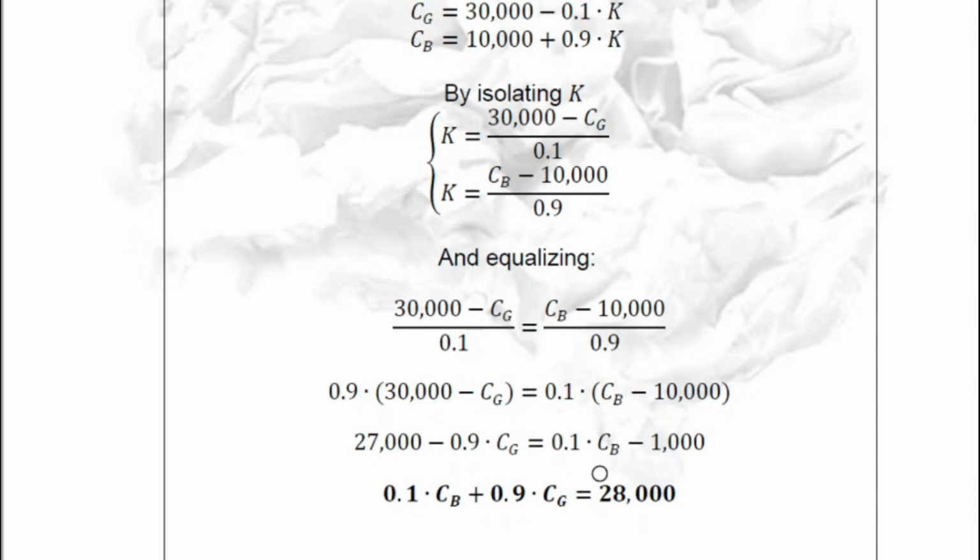Then we carry the variables to the left hand side, and we have 0.1 times CB plus 0.9 times CG equal to 28,000. So this is the budget constraint.